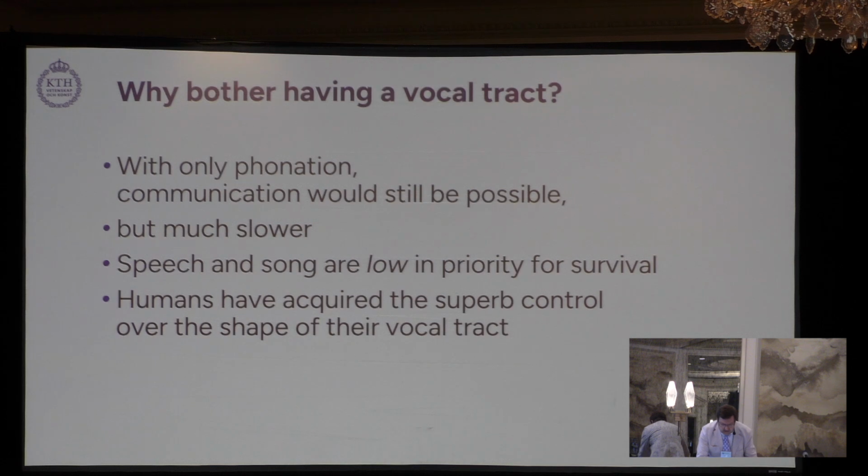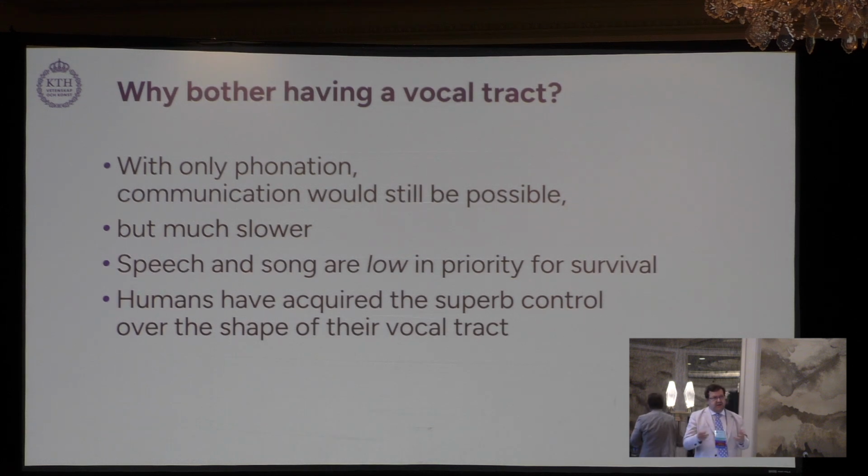Anyway, they're important enough. So humans have acquired superb control over the shape of their vocal tract because we have so much to talk about. Dogs don't, because they don't have that much to talk about. Or at least that's how a biologist explained it to me. Which is quite interesting.